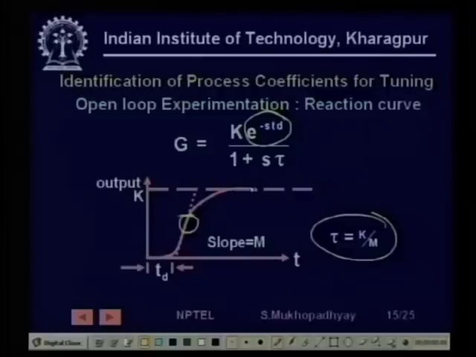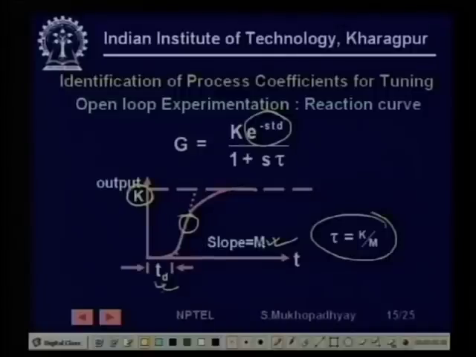So, perform an experiment, assume that the plant is of this form, which is a reasonable approximation for many plants, and then measure the value of Td and the slope m, and based on the slope m and the final settling value you get the value of k. So, after the experiment you know this Td, this k, and this m.